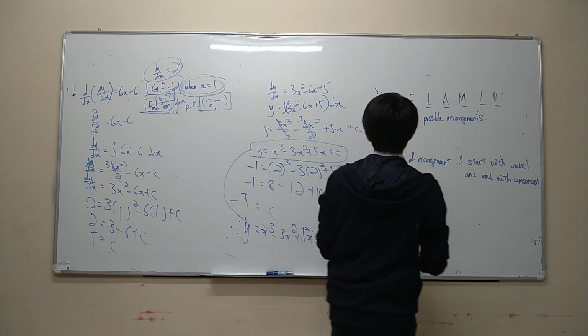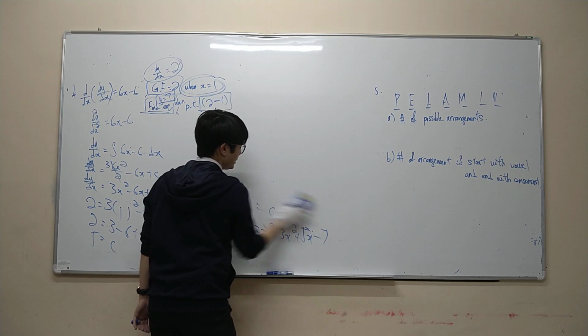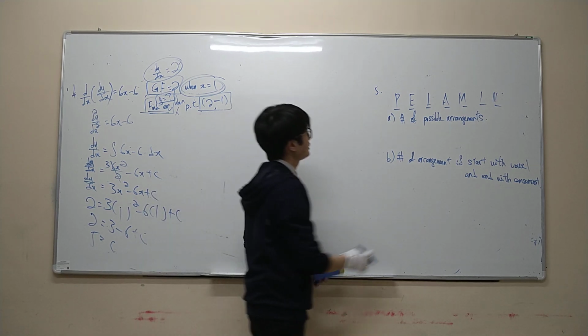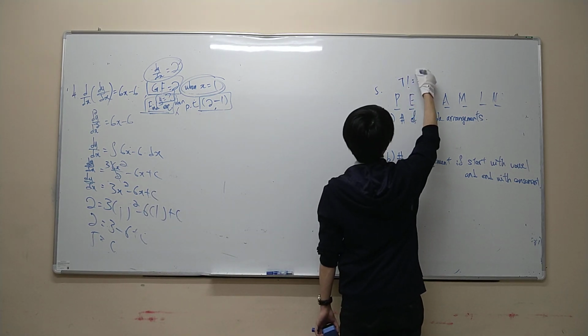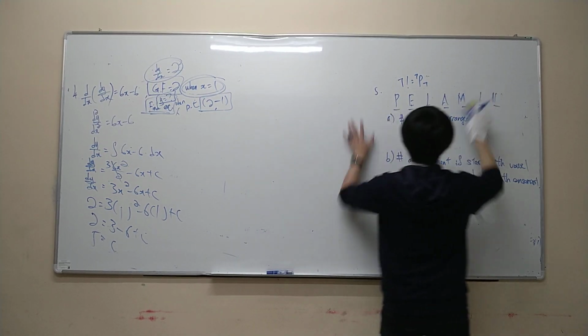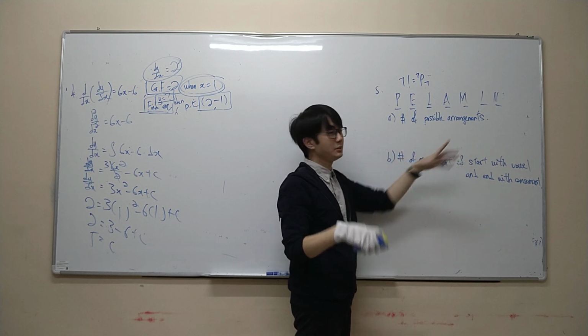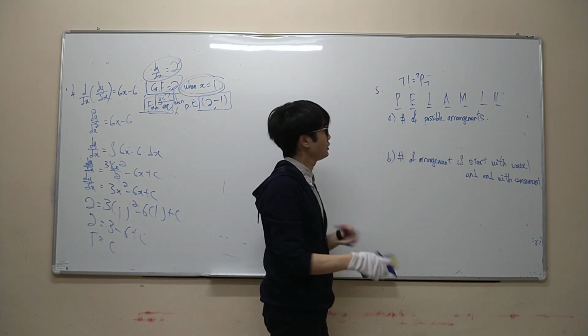So 7. If you want to arrange into 7, it means 7 factorial, right? 7 factorial means 7P7. It means that if there is no condition, however you arrange them, they are arranged among themselves. It means there is 7P7. So for A, they want you to find the number of possible arrangements. It means that there is no restriction, no condition.